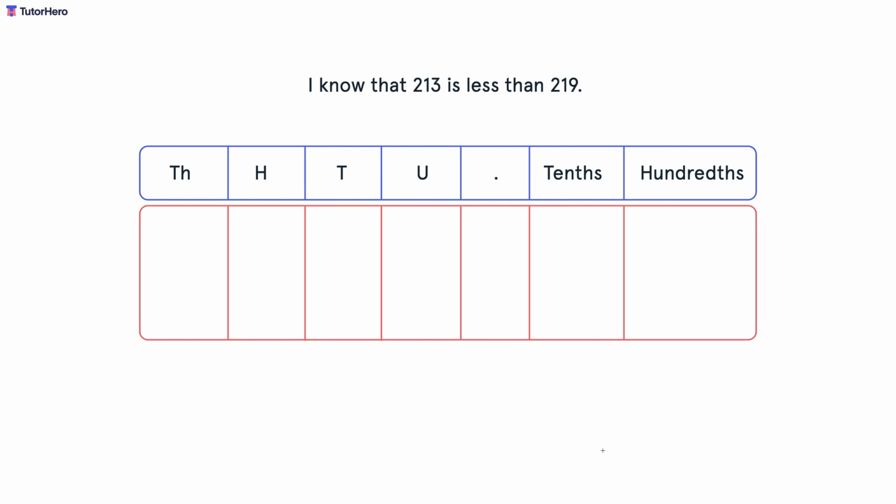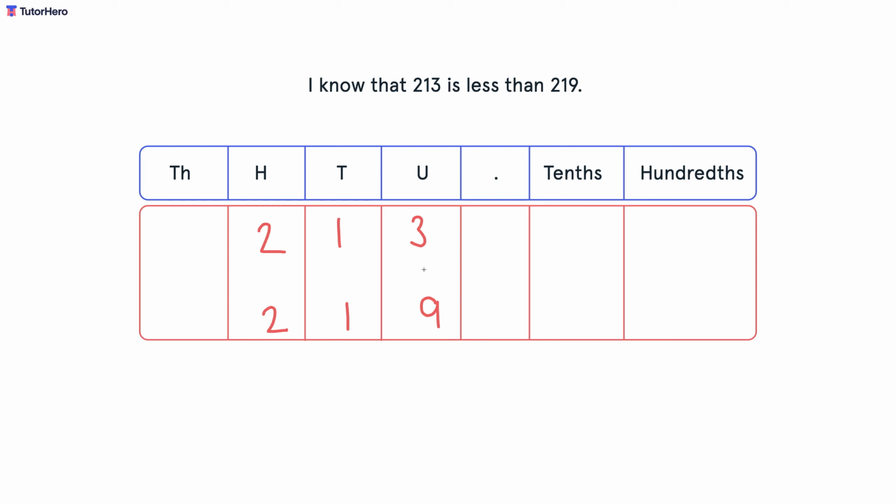And finally, I know that 213 is less than 219. 213 and 219. 213 has 3 units, 1 ten and 2 hundreds, and 219 has 9 units, 1 ten and 2 hundreds. Let's take a look at the units.